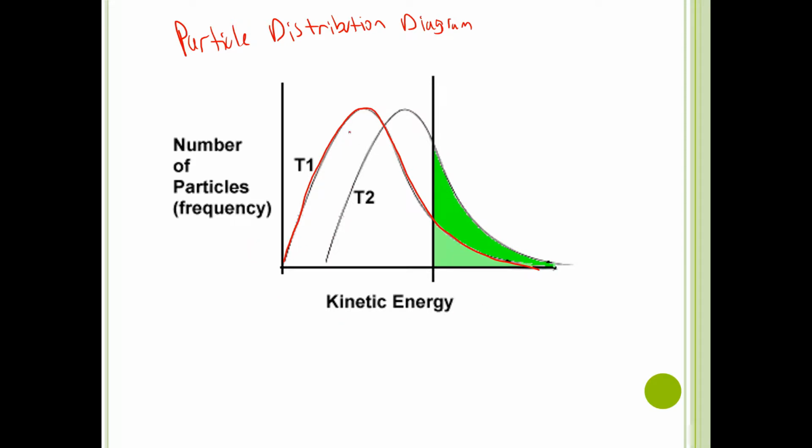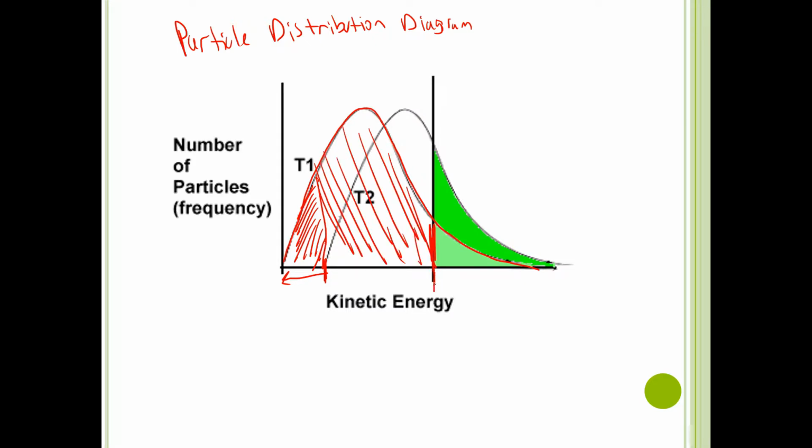So this chunk is the chunk of particles that has a kinetic energy that's here or lower. All of the particles in this chunk have a kinetic energy that is here or lower.